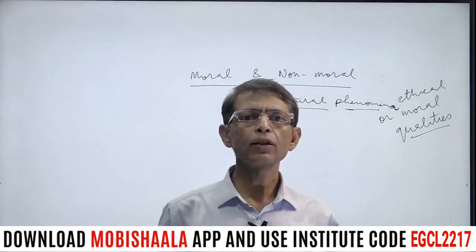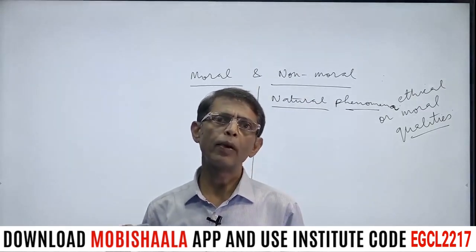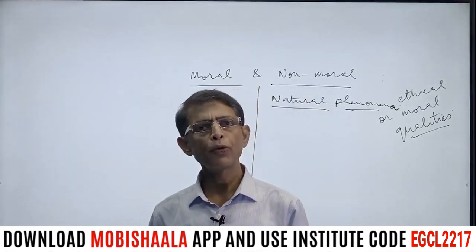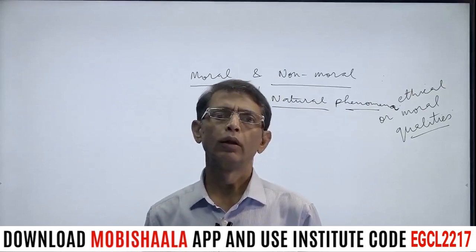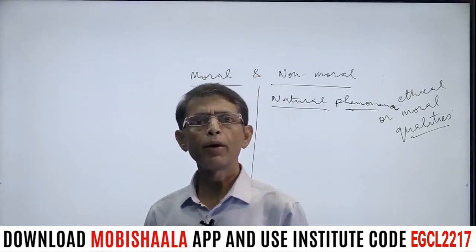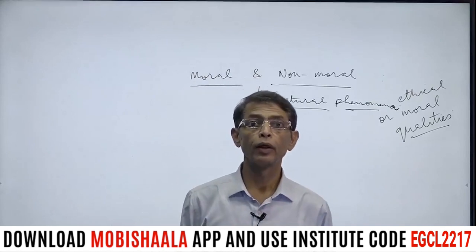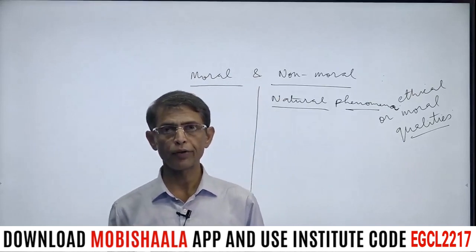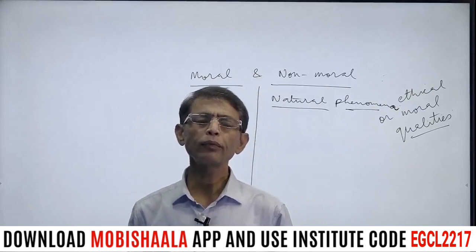These are things which are beyond the pale of morality. We do not call them moral. These activities, these phenomena have a devoid of moral quality. They are non-moral activities, non-moral phenomena.